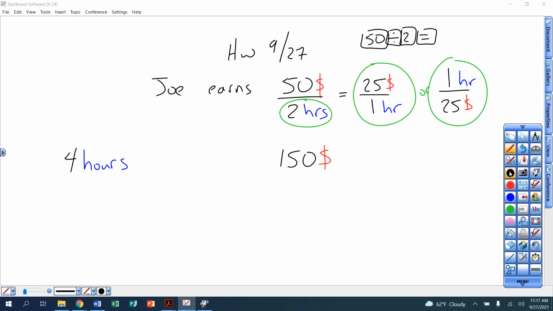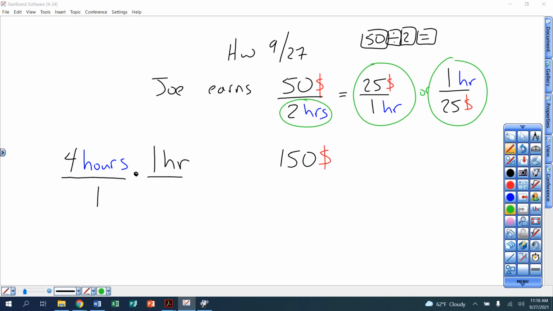So I'm going to have you times this by the correct conversion number. You would not want to use this one. You wouldn't want to use 1 hour for every $25 because no units would cancel. You need to have units diagonally cancel. So don't use the 1 hour for every $25 unit.